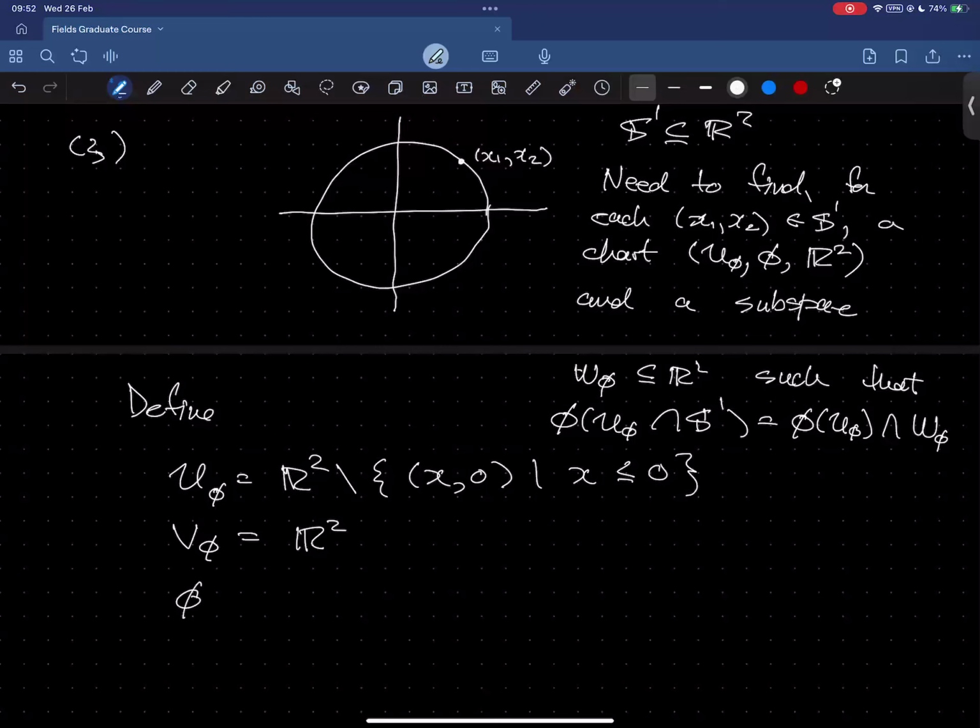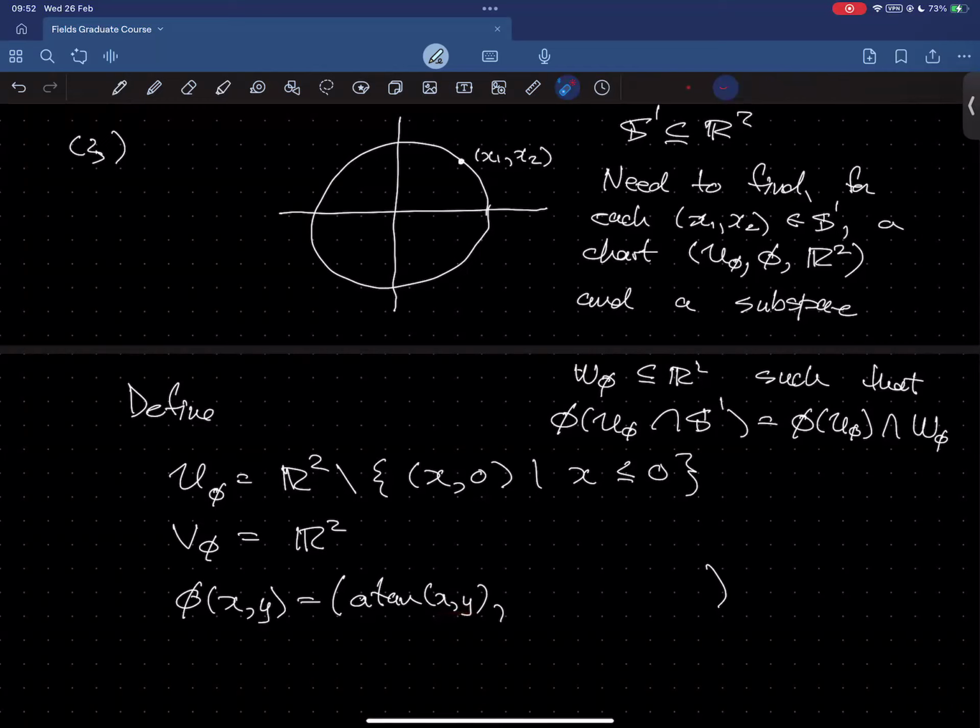And phi of (x, y) is going to be polar coordinates. Theta, like I said, I want to name the first coordinate. Yes, that's right. I want to put atan of (x, y). We talked about atan when we talked about putting coordinates on the circle.